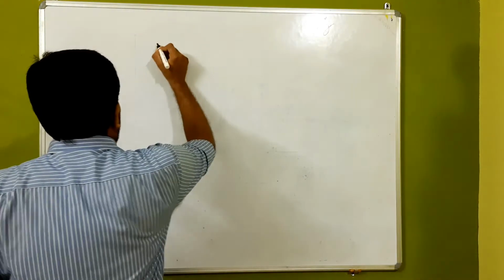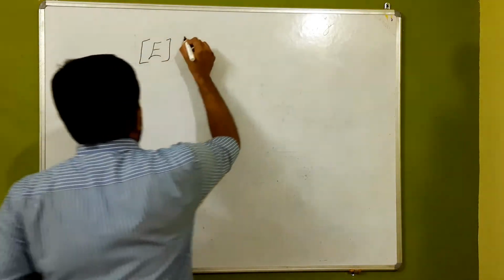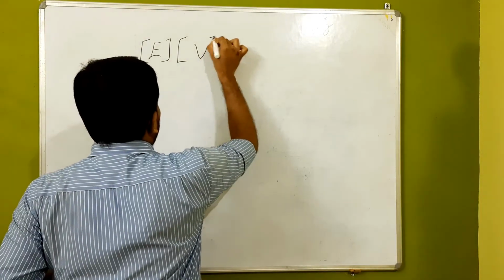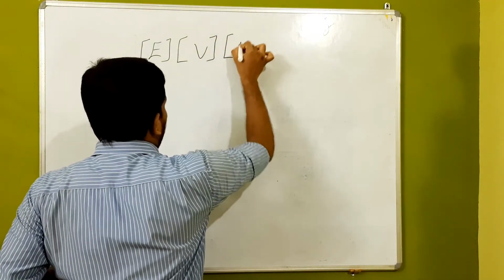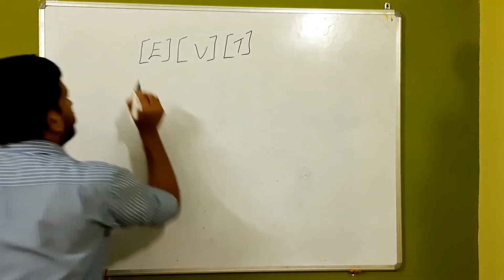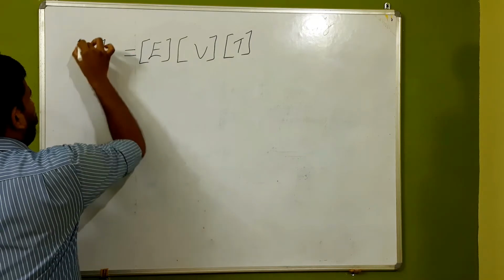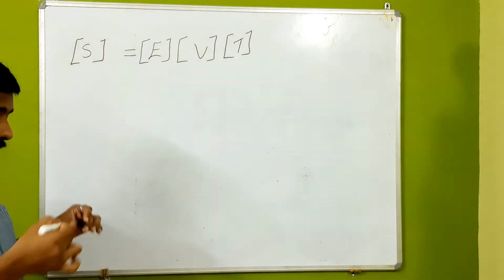Energy, velocity and time as the fundamental quantities. So we have energy, then we have velocity, then we have time. These three are the fundamental quantities. So by comparing these, we have to find the surface tension.